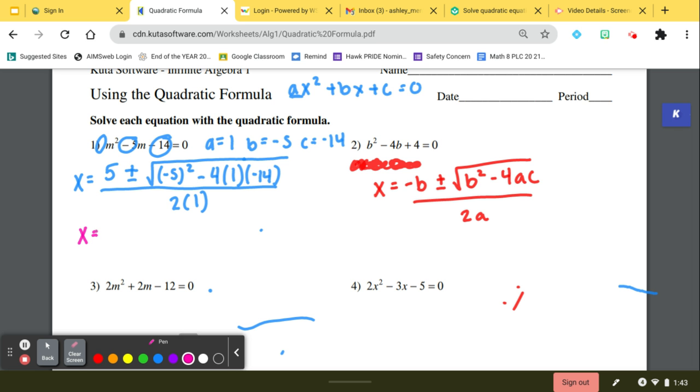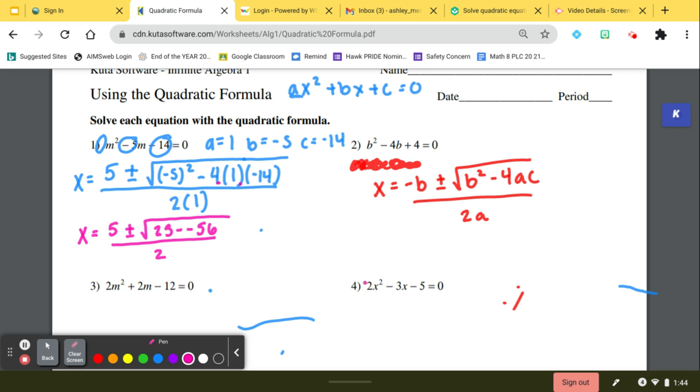So x is equal to 5 plus or minus the square root. Negative 5 squared is 25. 4 times 1 is 4 times negative 14. So 4 times negative 14, that would be negative 56. So minus negative 56 all over 2.